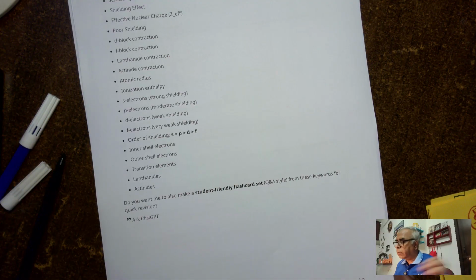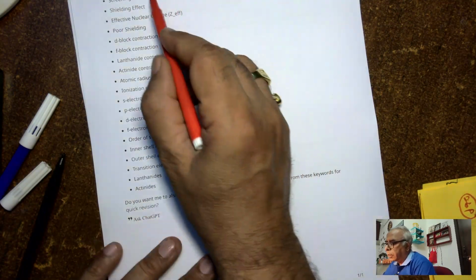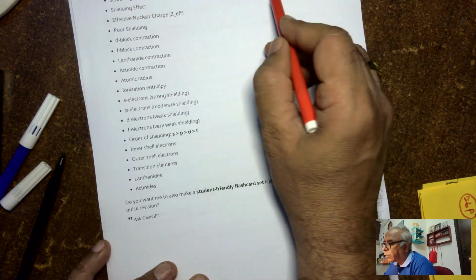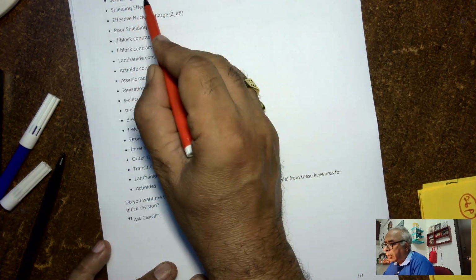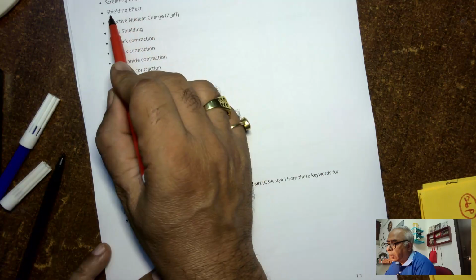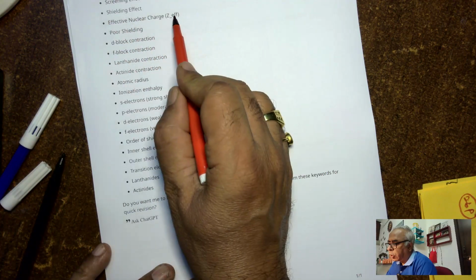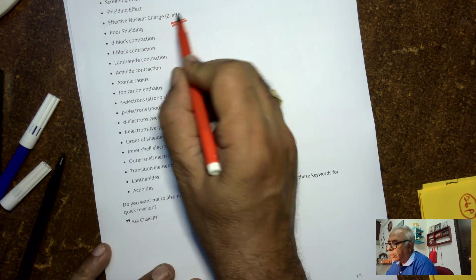So here are the important keywords: screening effect, don't forget screening effect, shielding effect, effective nuclear charge, which is called Z effective.